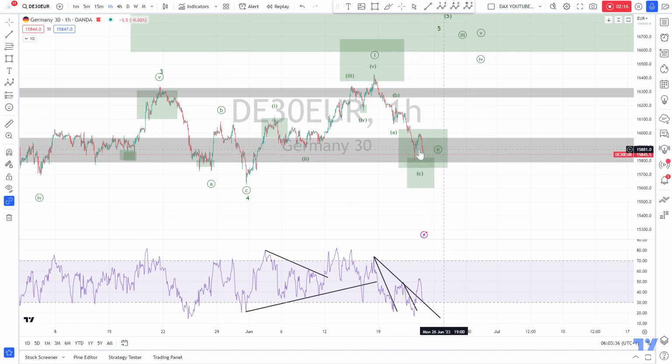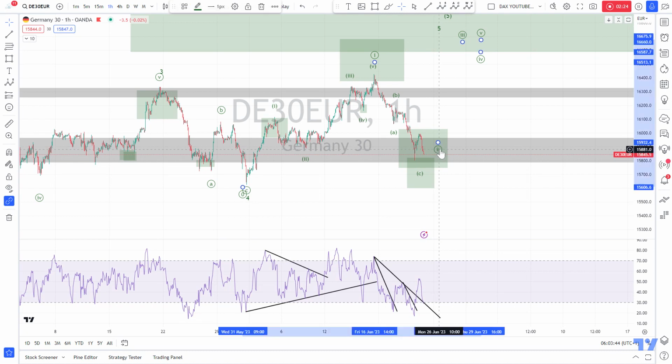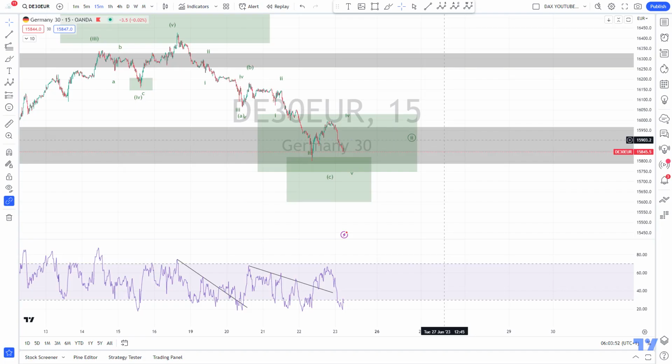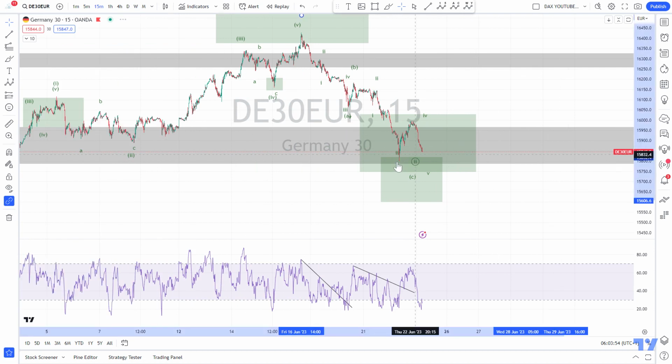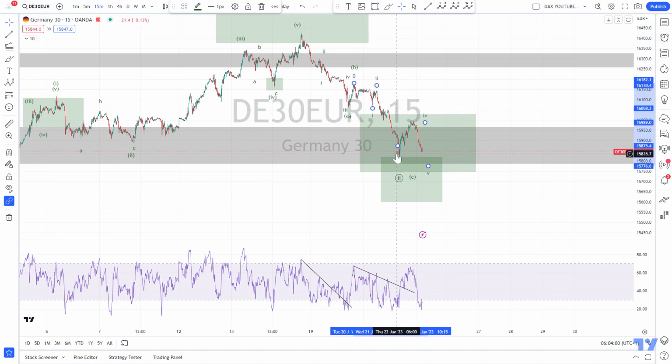Good push up, and now the question is if it will hold here. One possibility is that if we look to the 15 minutes, indeed the low is in here, something like this, 3 4 5, that this is the low, and that we now start a new impulse up, like a 1, this is your 2, and we move higher from here.